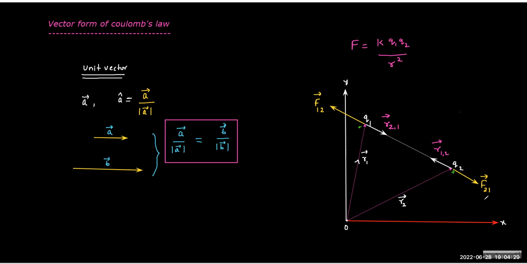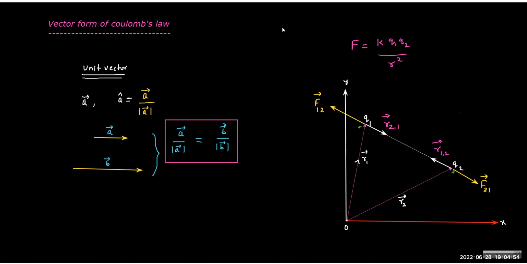Now tell me which two arrows are parallel. F12 is parallel with what? F12 is parallel with R12, and F21 is parallel with R21. So these two vectors are parallel, isn't it?